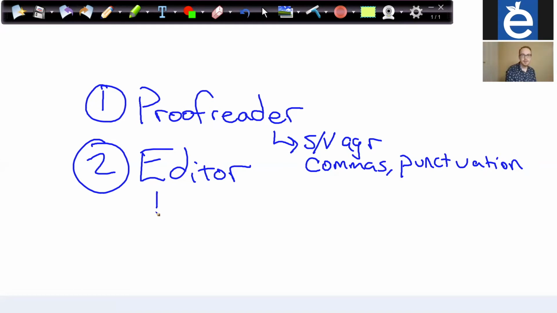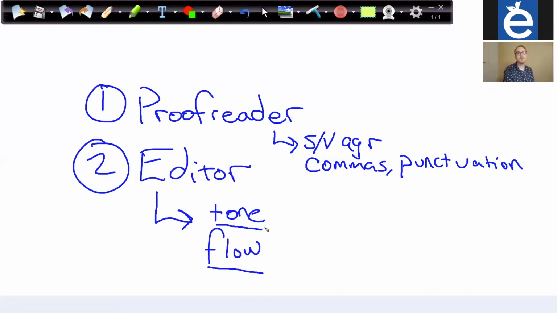The editor questions have much more to do with tone. How a passage feels is what tone is. How a passage feels, and flow. How one sentence of the passage moves into the next one most naturally.